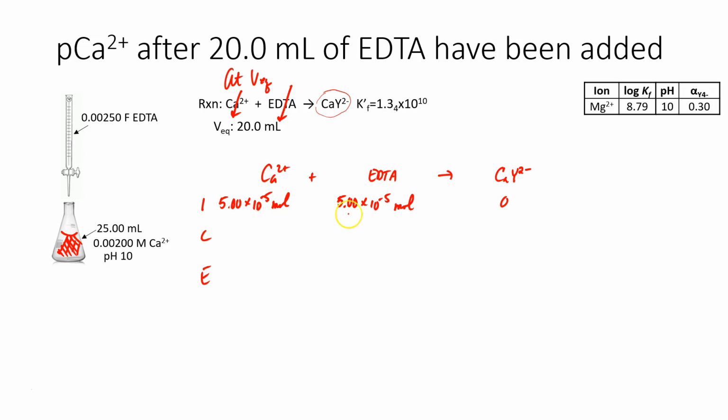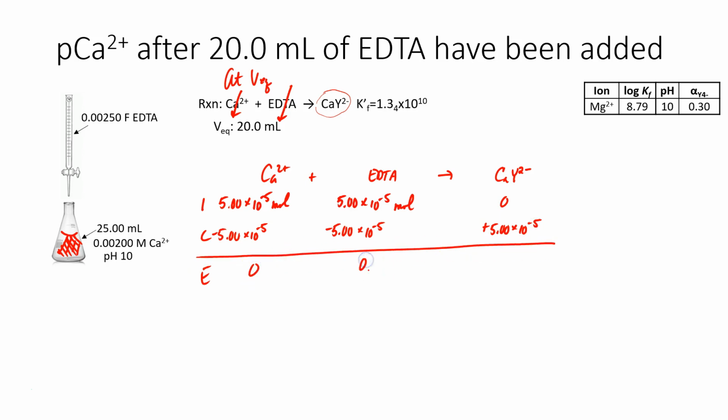So now we'll subtract these moles from the reactants, add them to the products, so that at equilibrium, calcium is gone, EDTA is gone, and we've made some of that complex.